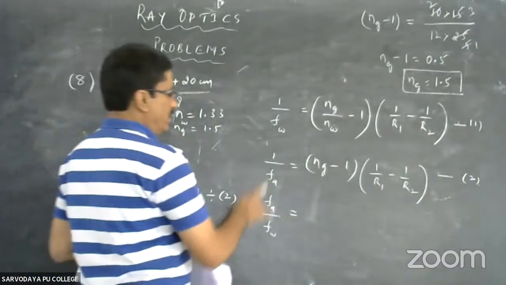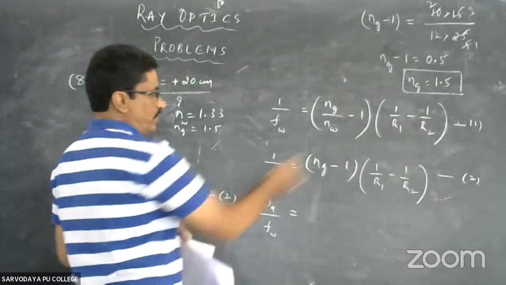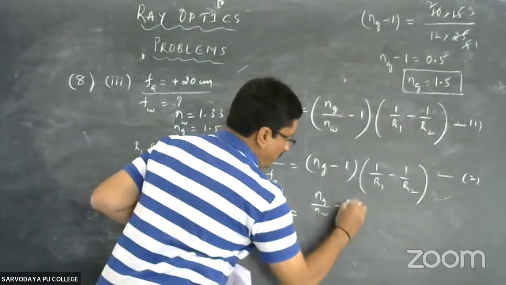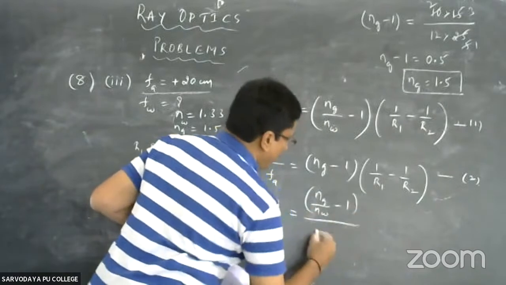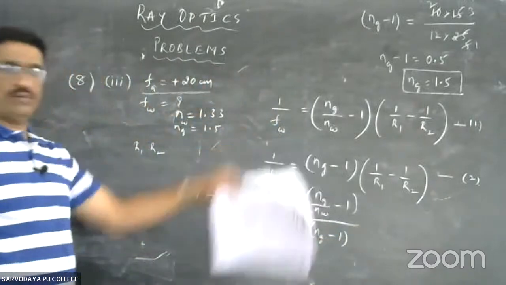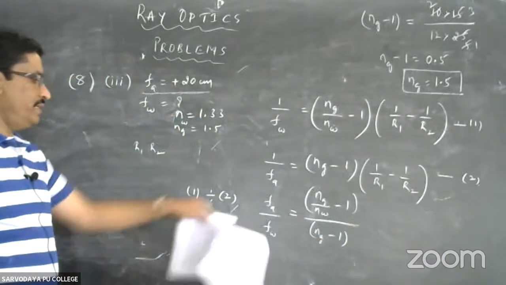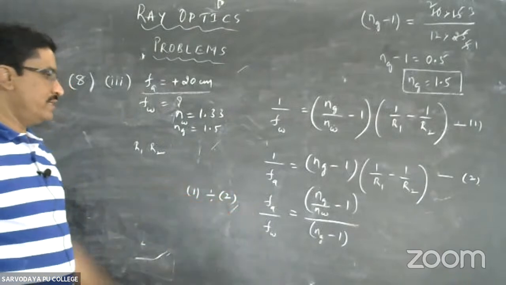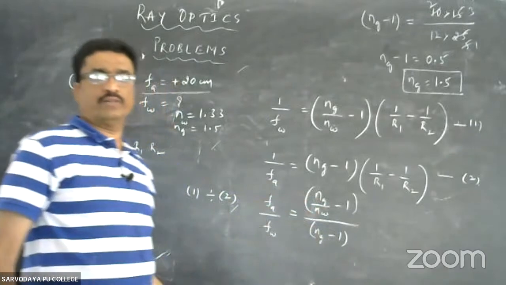Okay, ಇಲ್ಲಿ ng by nw minus 1 divided by ng minus 1, ಕ್ಯಾನ್ಸಲ್ ಆಗುತ್ತೆ. ಓಕೆ, ಈ ಕೆಲಸ ಈಸಿ. ಏರ್ ಕೊಟ್ಟಿದ್ದಾರೆ, ವಾಟರ್ ಕಂಡುಹಿಡಿಯಬೇಕು. ಈ ವ್ಯಾಲ್ಯೂಸ್ ಗಳನ್ನ ಸಬ್ಸ್ಟಿಟ್ಯೂಟ್ ಮಾಡಬೇಕು ಅಷ್ಟೇ.